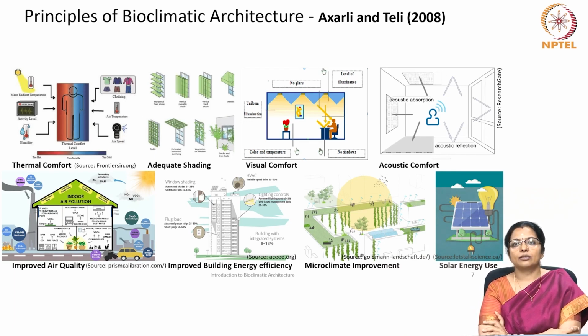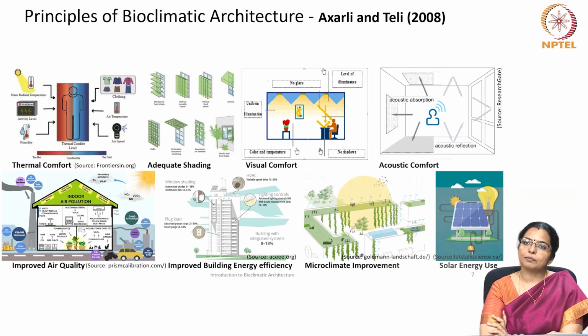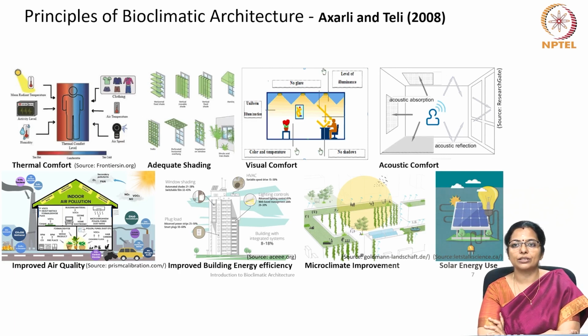Solar energy exploration plays an important role with designs incorporating solar radiation for heating, lighting, and power generation. Thermal protection of buildings and shading strategies are integrated to manage heat gain and ensure thermal comfort. Finally, emphasis is placed on natural lighting solutions and acoustic protection measures to create harmonious and sustainable built environments.